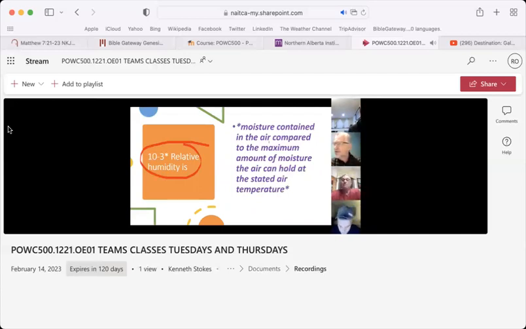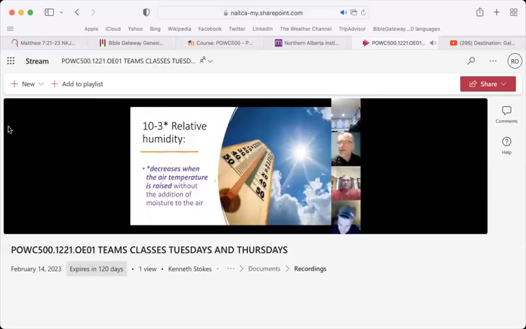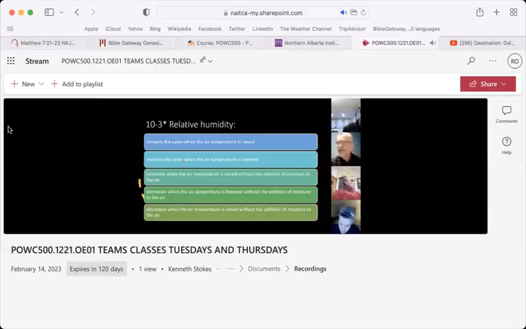Definition of relative humidity: moisture contained in the air compared to the maximum amount of moisture the air can hold at the stated temperature. As soon as we change the temperature, the relative humidity is going to change. Heat the air, relative humidity drops. Cool the air, relative humidity increases. Relative humidity decreases when air temperature is raised.